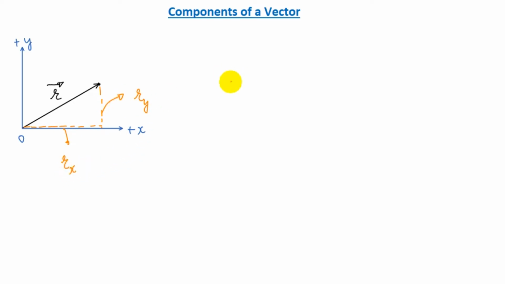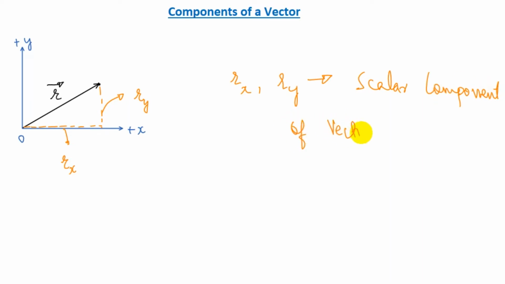Now rx and ry are the scalar components of vector r. So this is basically the component of vectors. Now let this angle be theta. This is the direction for vector r.